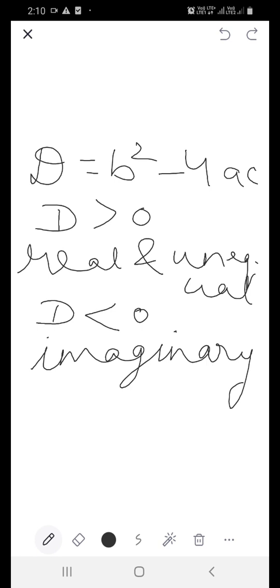Because in the Sridhar-Acharya formula, you use the square root of the discriminant. And if the discriminant comes out to be negative, then we cannot calculate the value of the square root of the negative number. So that is why the roots are imaginary.